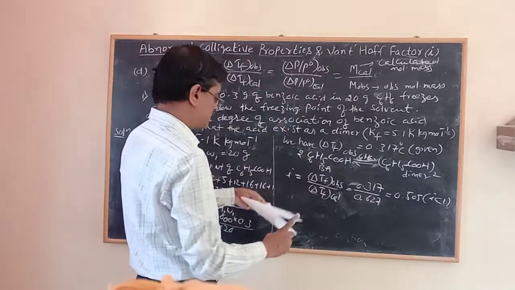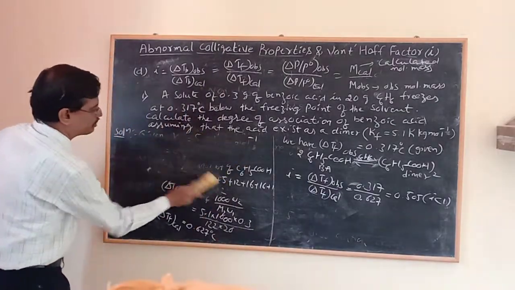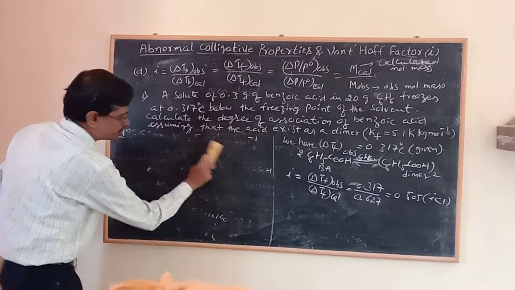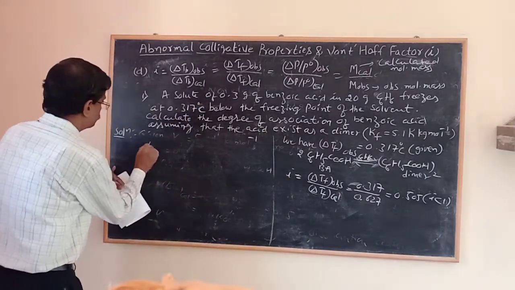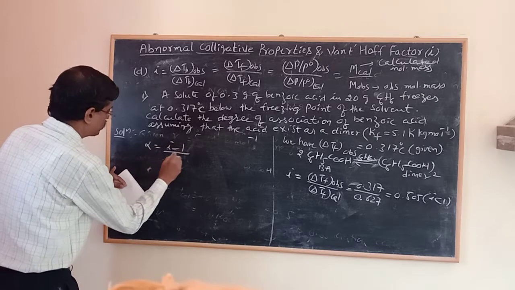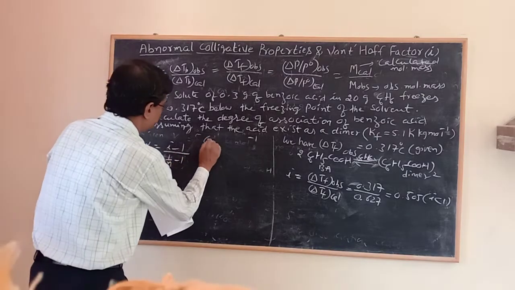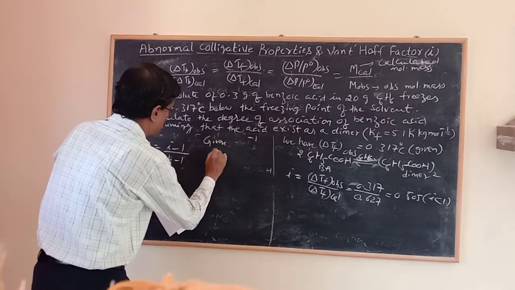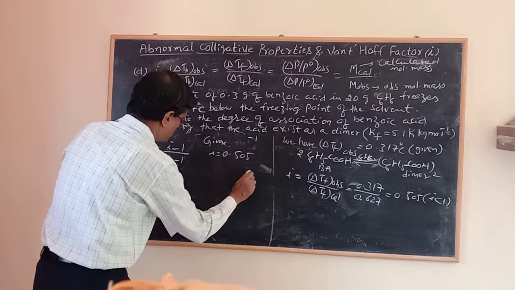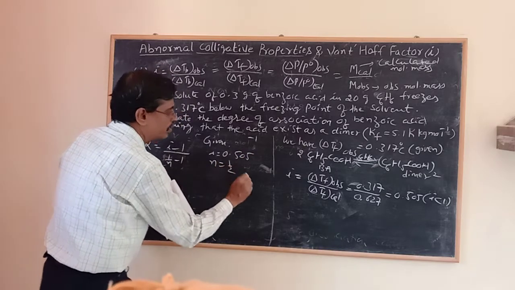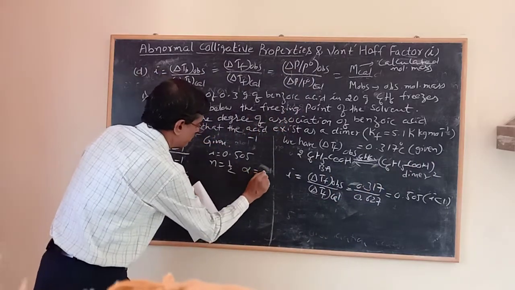Finally, we can calculate the alpha value by using the formula. Alpha means degree of association. We know that alpha is equal to (i minus 1) by (1/n minus 1). Given quantities: i we have calculated already, 0.505. n is equal to 2, so 1/n is half. Alpha we are going to calculate.